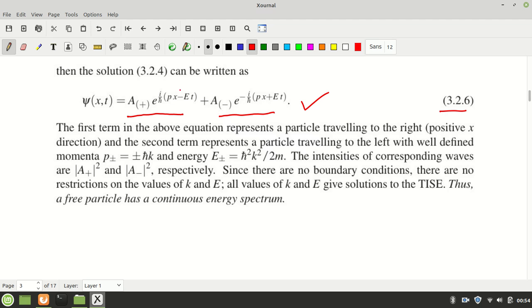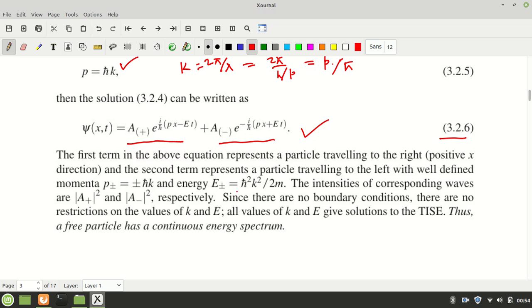Here A plus square and A minus square are the intensities of the waves. So those two waves are superposed. This gives you the net solution of the Schrodinger equation, that is, a net matter wave is the superposition of two waves, one traveling in the positive x direction and the other traveling in the negative x direction with the same wavelength.